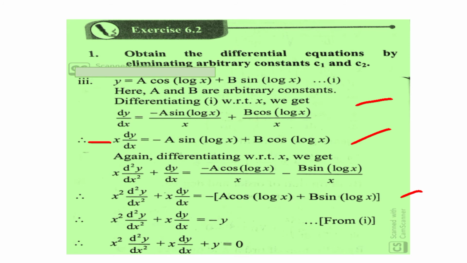Then x square d2y/dx square plus x dy/dx is equal to minus y from equation 1. So we get x square d2y/dx square plus x dy/dx plus y is equal to 0.